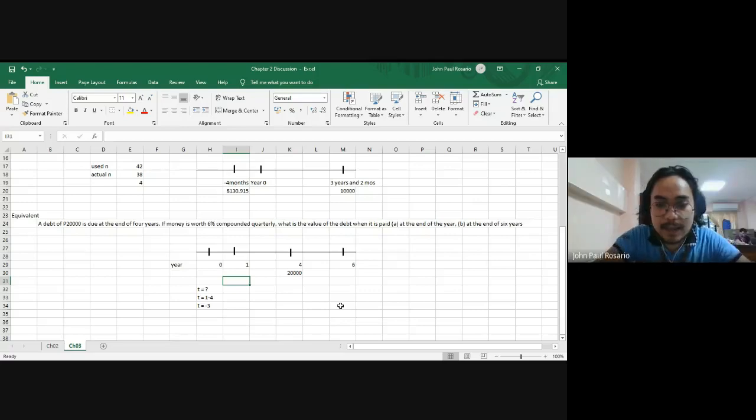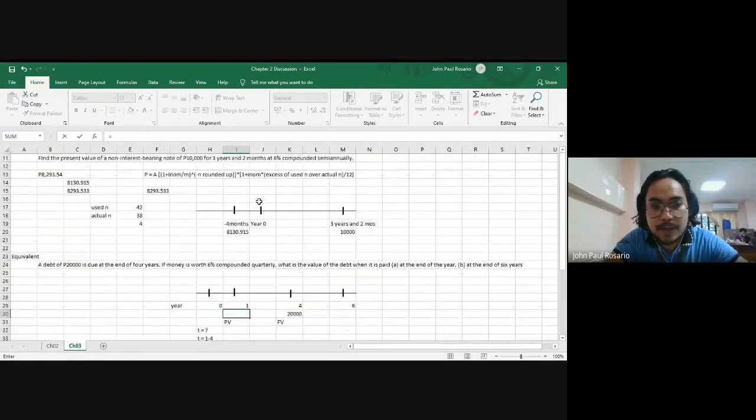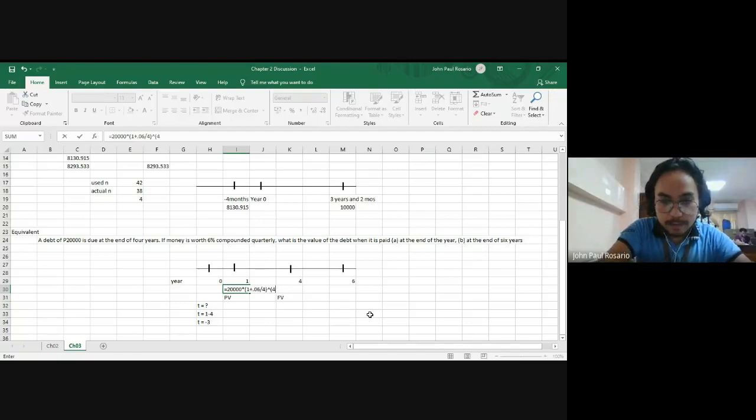So since this is our PV, at year 1, the question in letter A, this is our future value, our A. To solve for that, we simply use this formula. Present value is equal to the future amount, 20,000, times 1 plus 0.06 divided by our m, which is quarterly, so 4, raised to the power of 4 times -3.